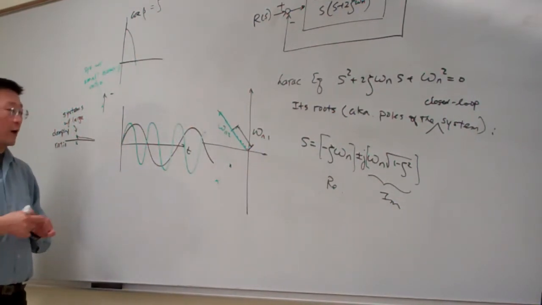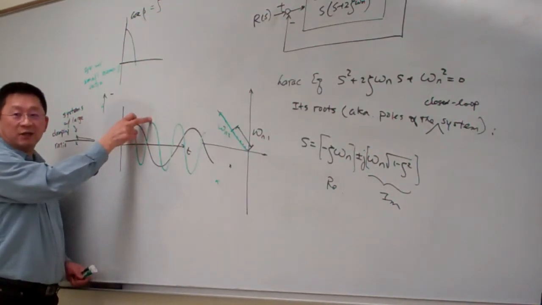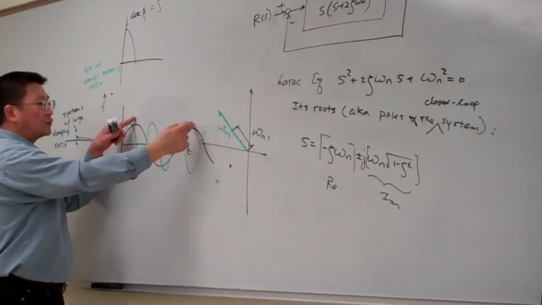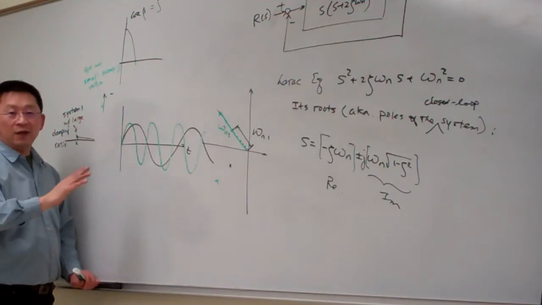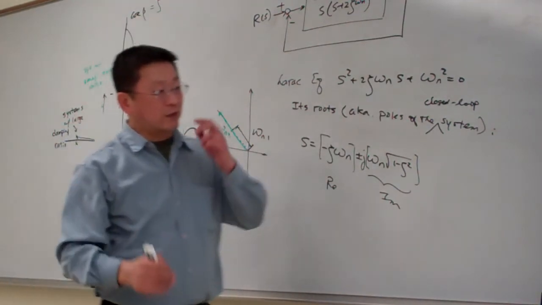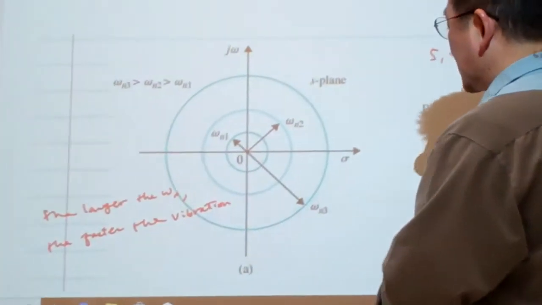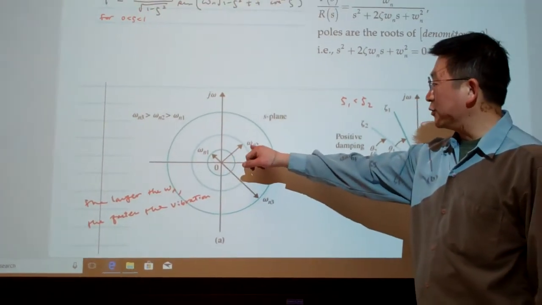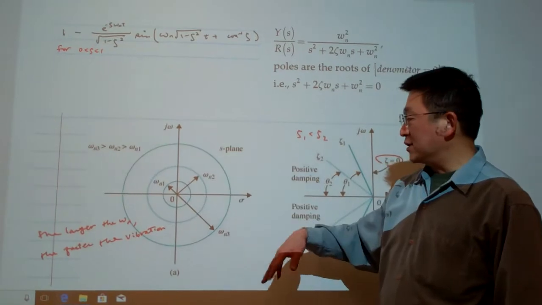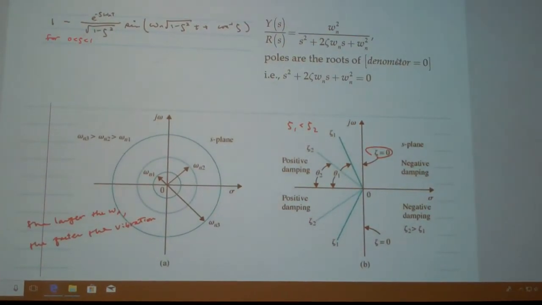The green one, from peak to peak, has a shorter period, meaning the oscillation frequency is higher. The black one has a larger period, meaning slower oscillation. So omega n1 oscillates slower compared to omega n2, and omega n3 oscillates the fastest. This is the summary.